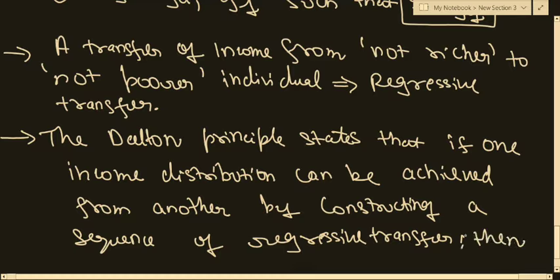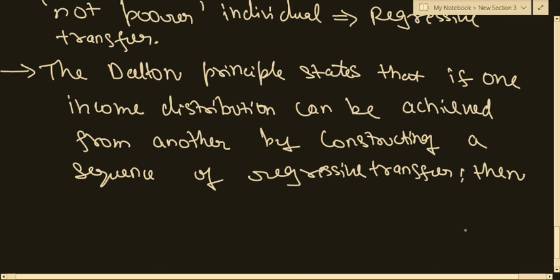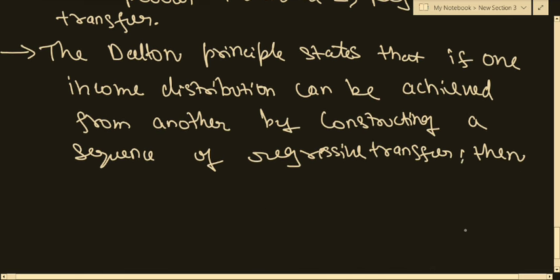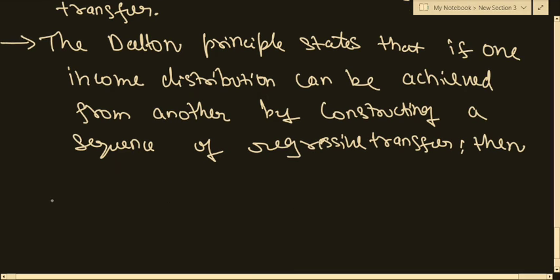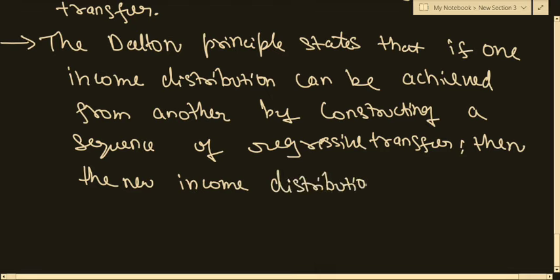This is basically an economic understanding. We are transferring income from the poorer section to the richer section, so the income inequality would widen and diversify.